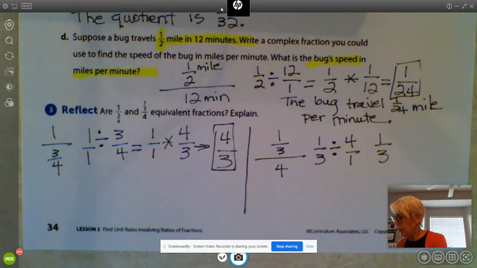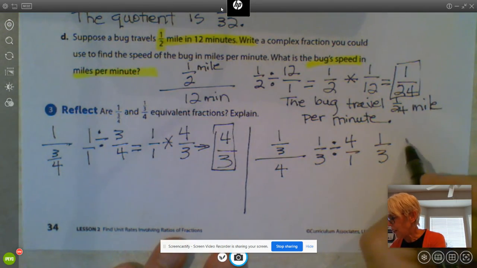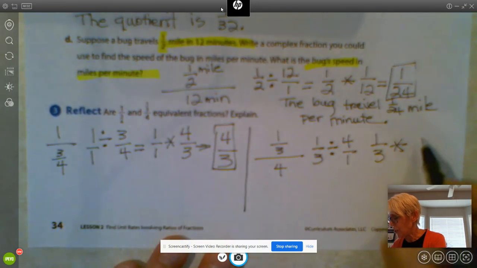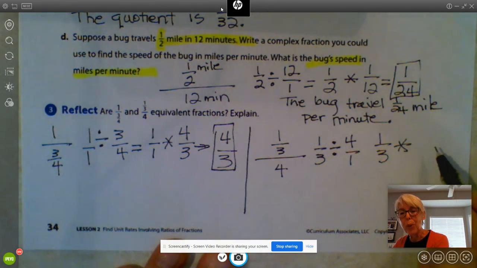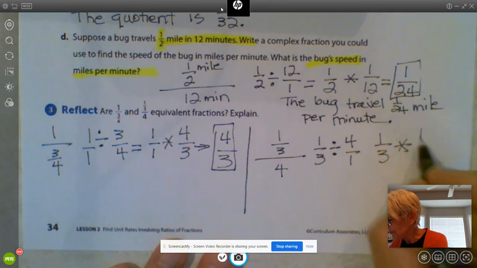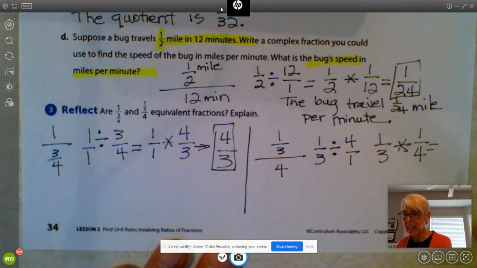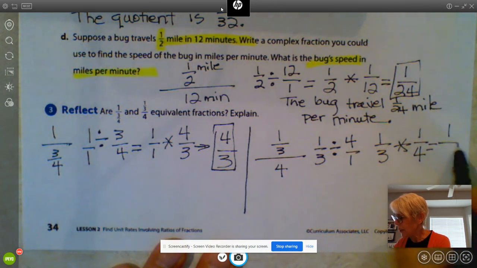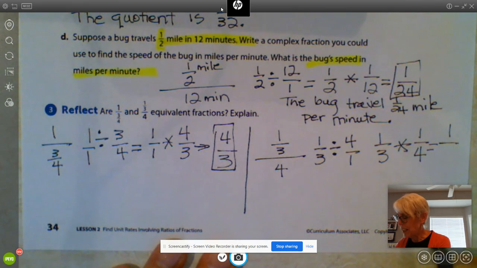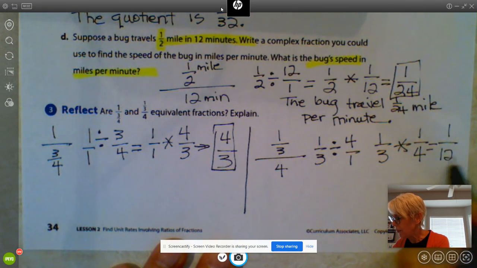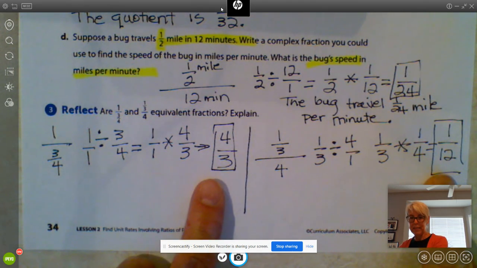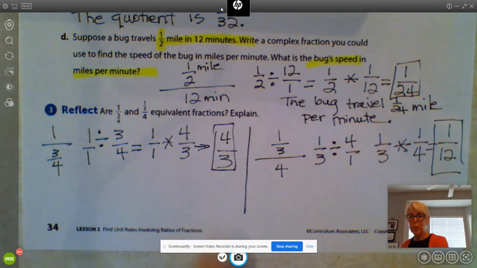I'm going to multiply instead of divide, which is the opposite operation, and I'm going to change 4 over 1 into its reciprocal, which is 1/4. Multiply the numerators together. 1 times 1 is 1. Multiply the denominators together. 4 times 3 is 12. And let's look at both of these. I've got 4/3 and I have 1 over 12.